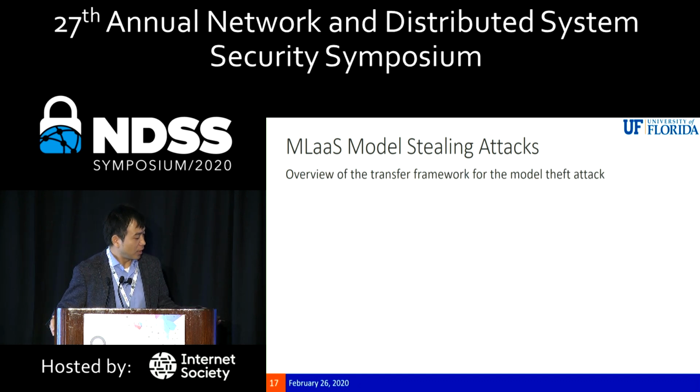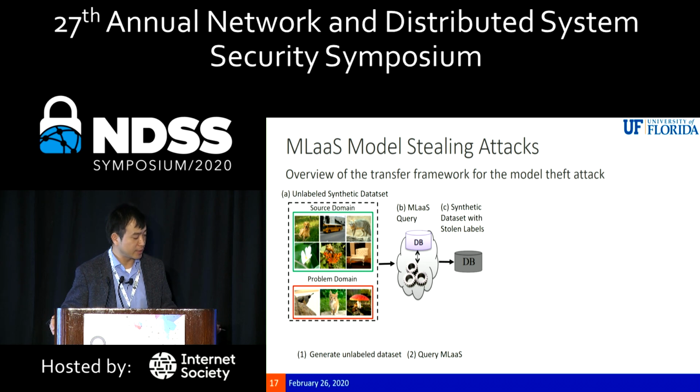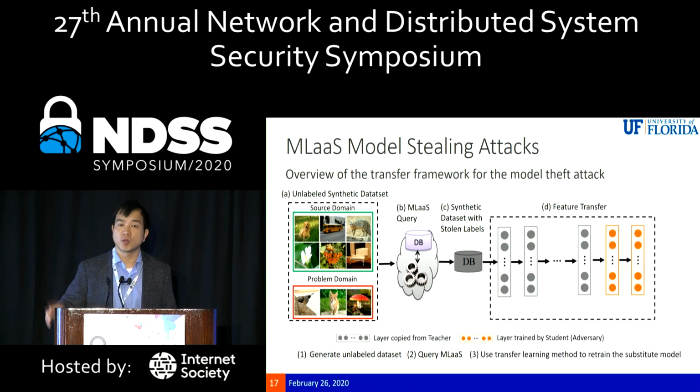So in this way, we go a bit further. We have the source image, which is a regular image. We also have the problem domain, which we call the adversary example. We put them into the database, generate a data set, and retrain a local model. For the local model, we actually do some tricks here. The local model has a few layers.